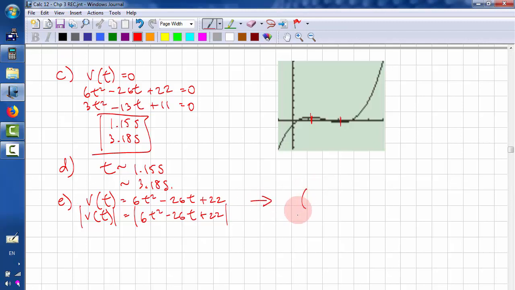So we'll do round brackets. 1.15. That leaves out the equal sign. It's positive and slows.